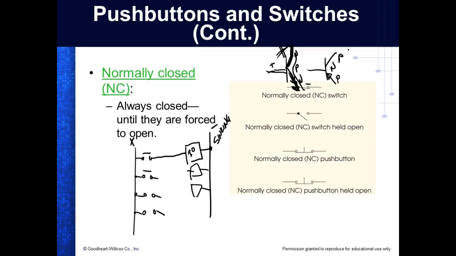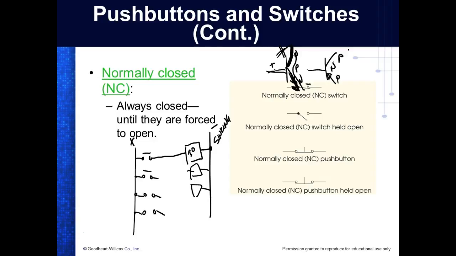So if I'm buying a sensor and it's a sinking input, then I'm going to use a PNP sensor, right? You understand that? A sinking input has got to have a sourcing sensor. Push buttons don't make any difference, PNP or NPN, because they're push buttons.